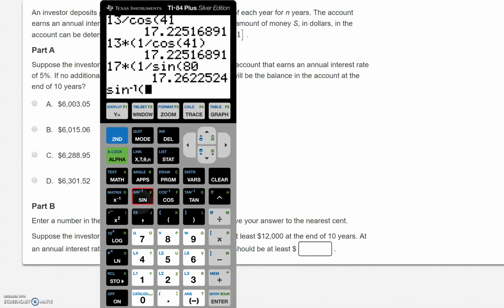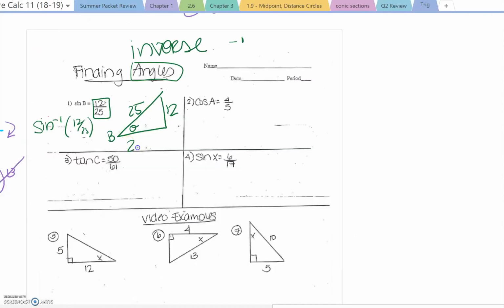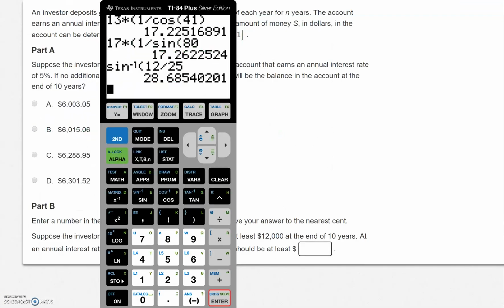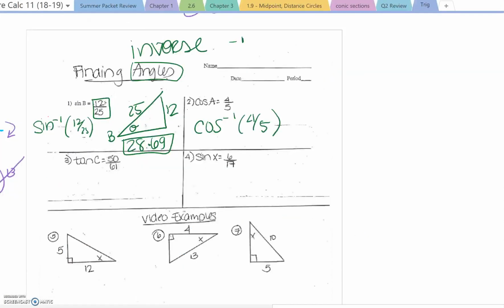So second sine 12 over 25, 28.69. This one you would just do the inverse cosine of 4 over 5. 36.87.